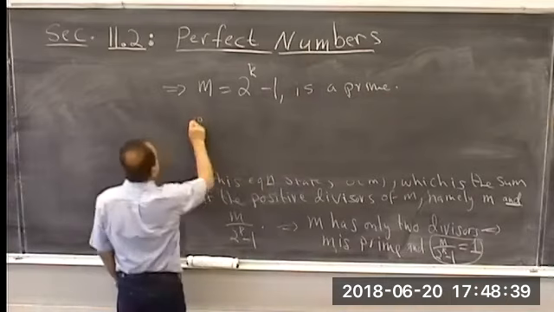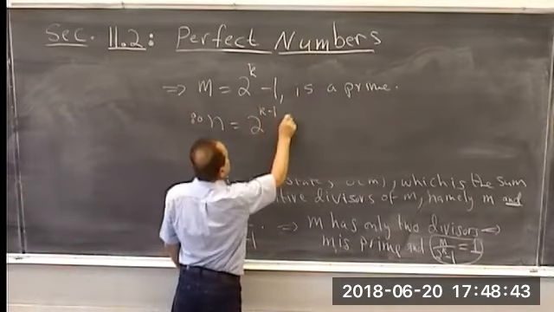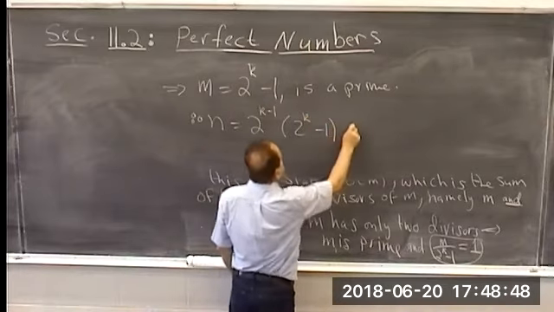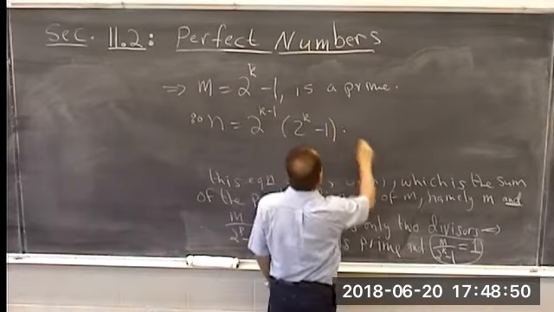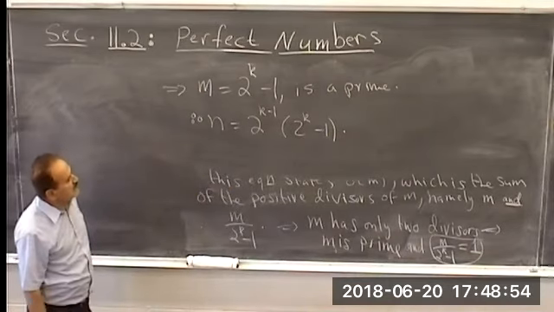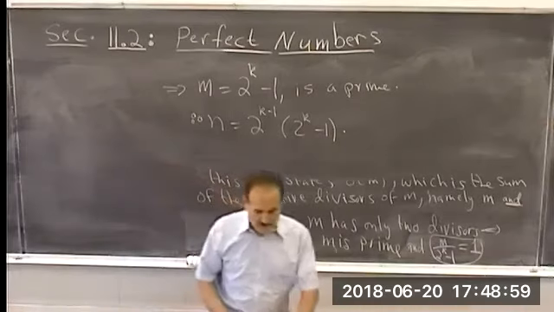Therefore, yes, n is equal to 2 to the k minus 1 times 2 to the k minus 1, which has this form. So this is the form of an even perfect number.